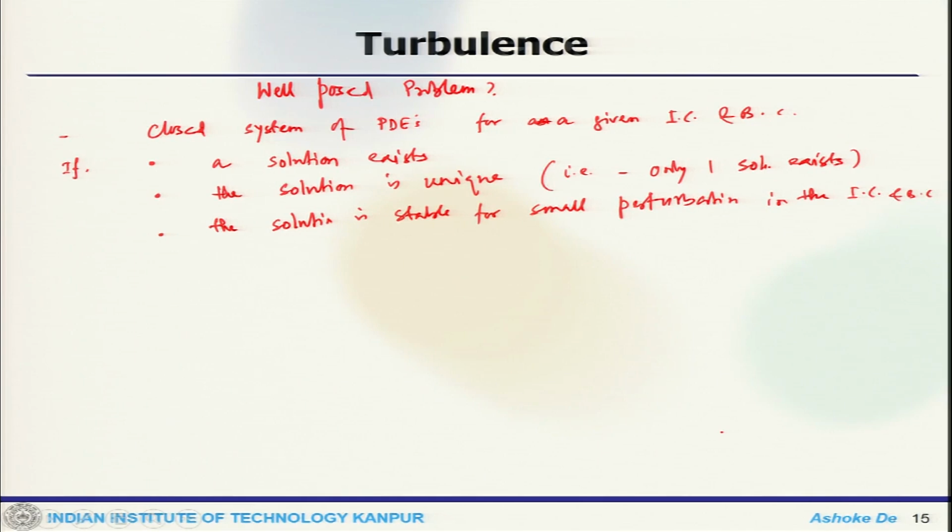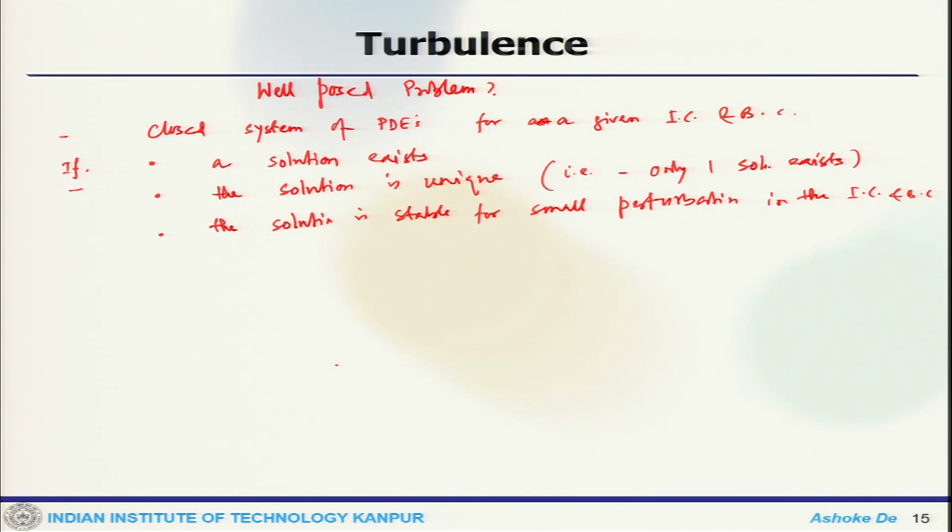So, a closed system of PDEs can be said to be well posed for a given IC and BC if the solution is unique, that is only one solution exists, and the solution is stable for small perturbation in the initial condition and boundary condition. So, that is how one defines the well posed problem.